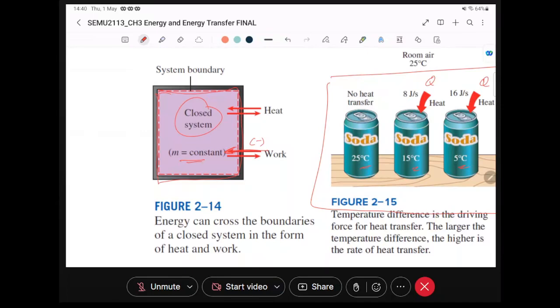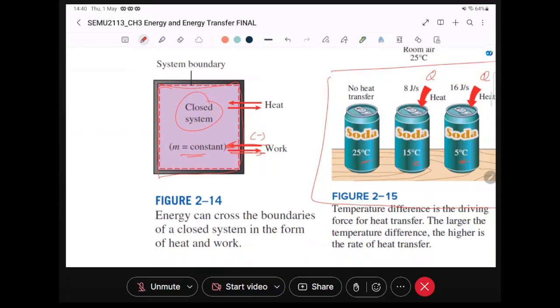It's consuming work. But if the machine is, for instance, an electric motor, the system is an electric motor. When it's consuming electrical energy, which is in terms of work, then we call it negative. For it to produce work, that is positive work.